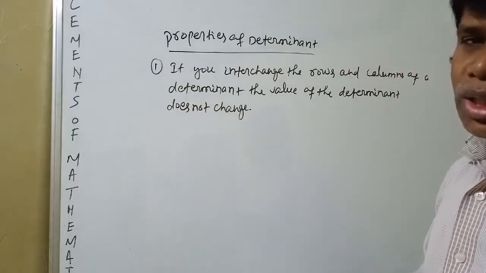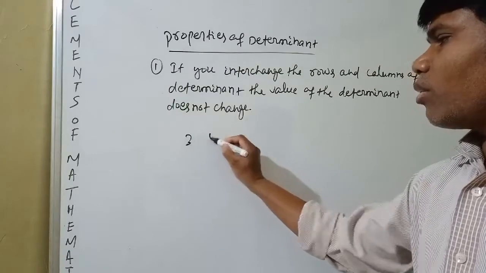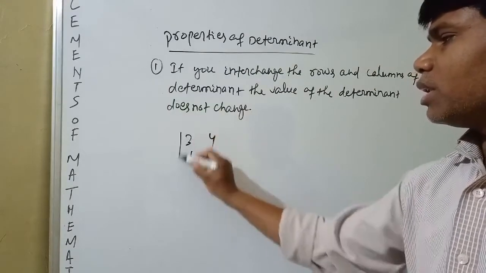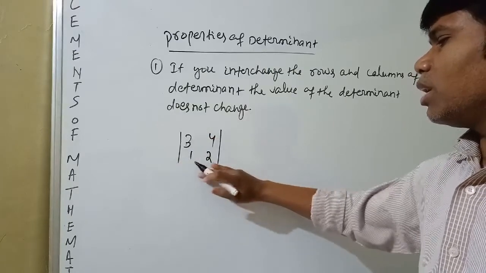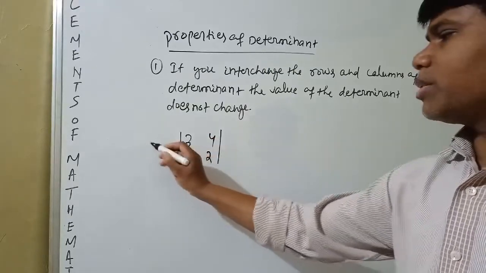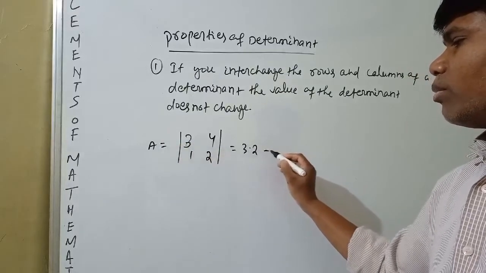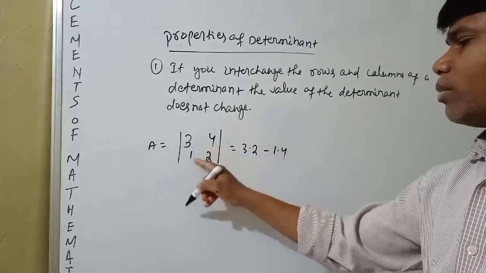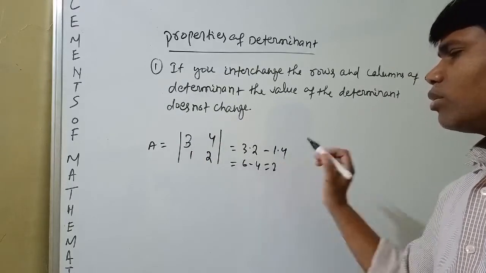Suppose I take a 2 cross 2 determinant, that is a second order determinant, 3 4 1 2. If you find the determinant of this, suppose this is A, this is equal to 3 into 2 minus 1 into 4, which is 6 minus 4, equal to 2.